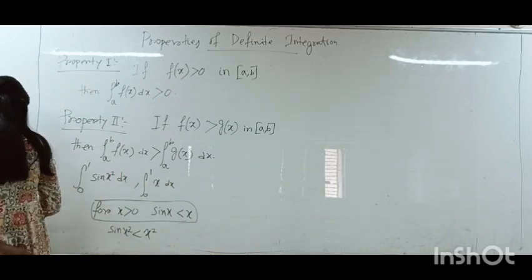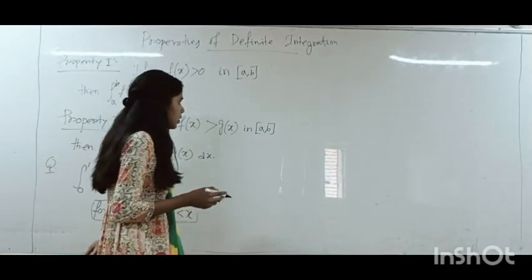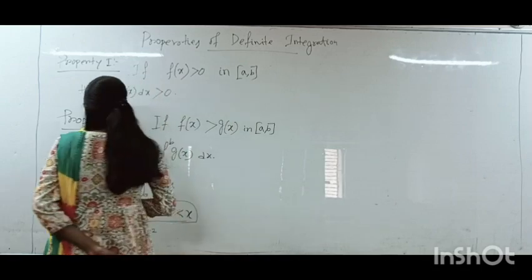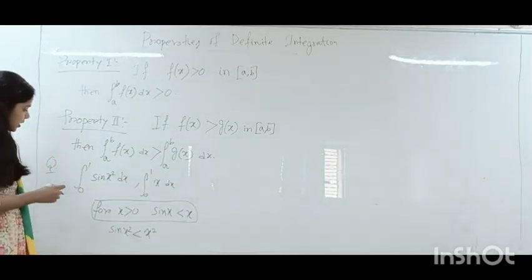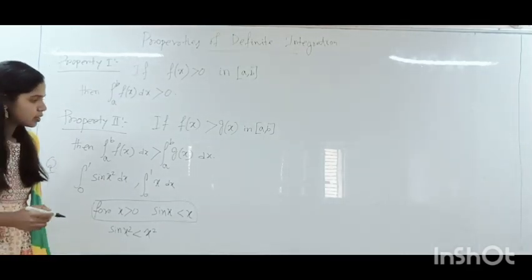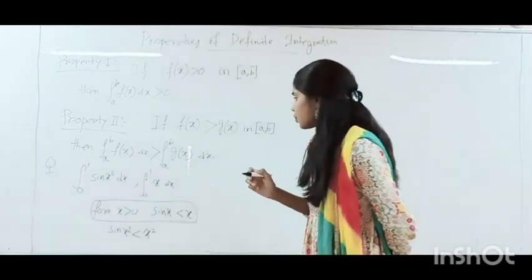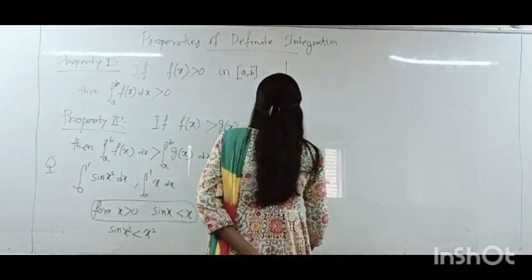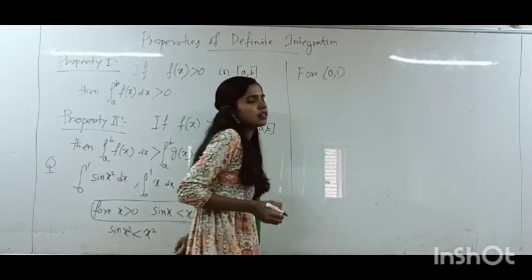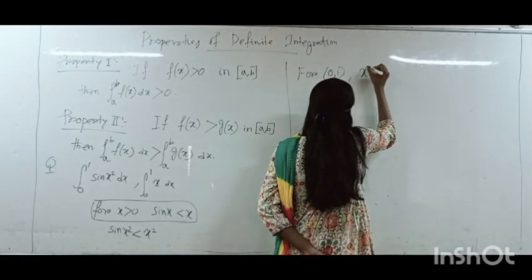Now 0 to 1 means the number will be a fraction. So for 0 to 1, what is the inequality between x square and x?